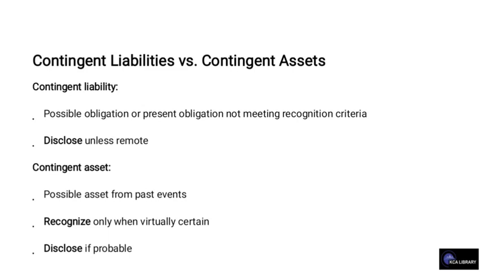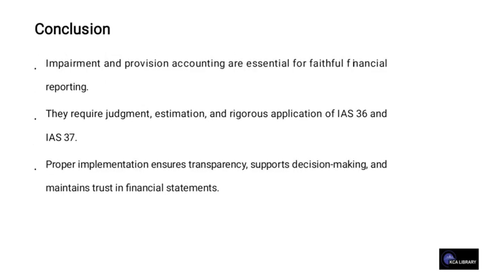And contingent assets are possible assets from past events, recognized only when virtually certain, and they can be disclosed if possible.